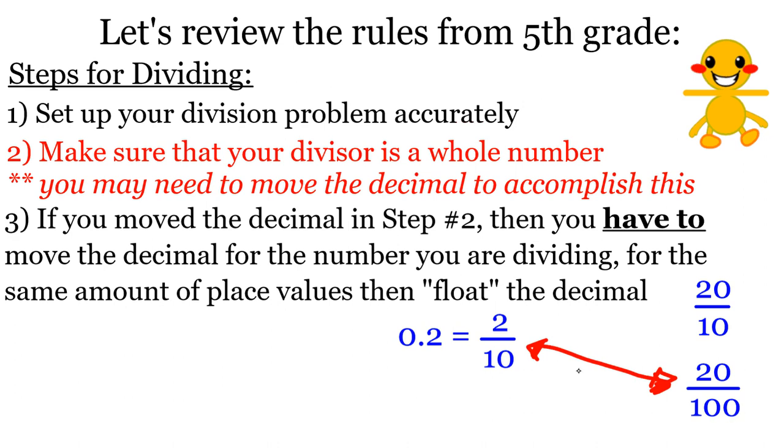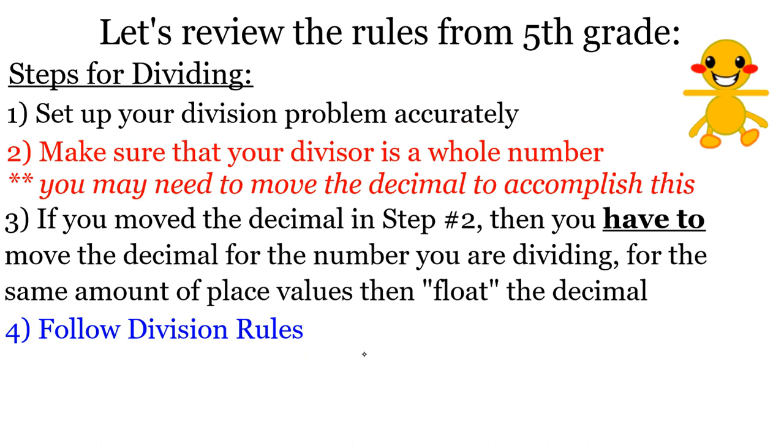So in order to keep that fraction equivalent, in order to keep that decimal the same decimal, we have to move not only the divisor, but we have to move the number that we're dividing. So we need to move it in both cases and then float it up. And I'll show you what I mean by that when we do a problem. But I wanted you to see why we do that. And the last thing is just follow your division rules. So that should be pretty straightforward.